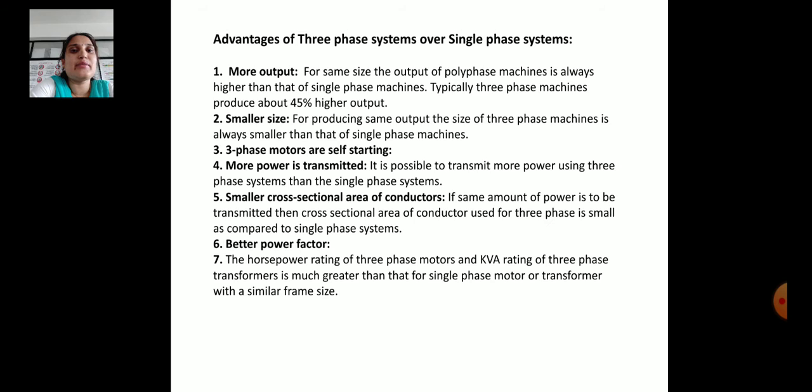Sixth, it has a better power factor. And seventh, the horsepower rating of a three phase motor and kVA rating of a three phase transformer are much greater than those of a single phase motor or transformer with a similar frame size. Because of these advantages, we prefer the three phase system over the single phase system.